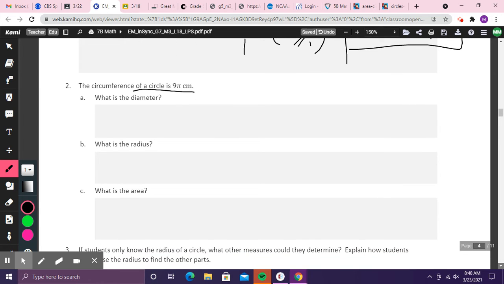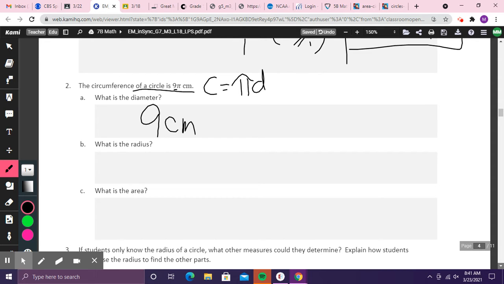Okay, the circumference of a circle is 9 pi. And if we think about circumference, that equals pi times what? Diameter. So 9 is my diameter. Does that make sense? Raise your hand if that makes sense. Okay, cool. So diameter is 9 centimeters.